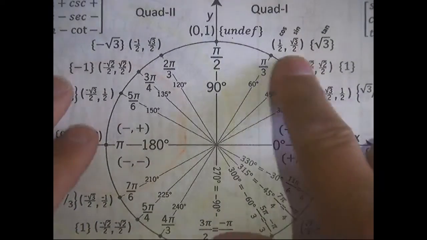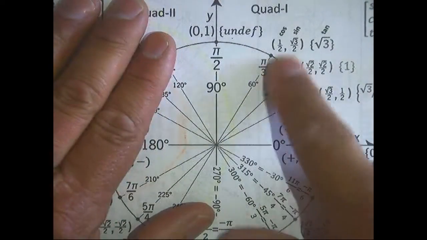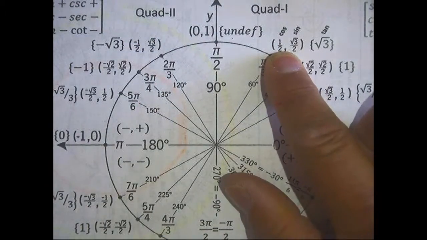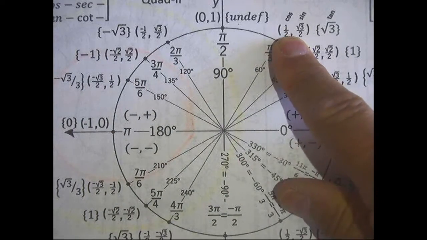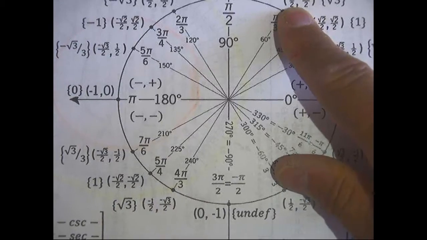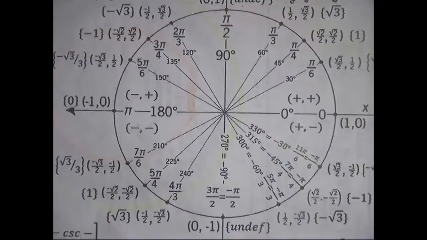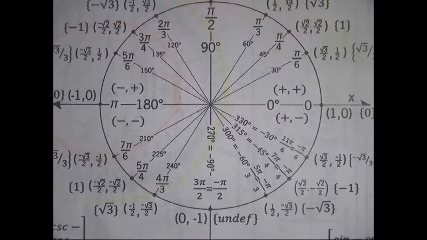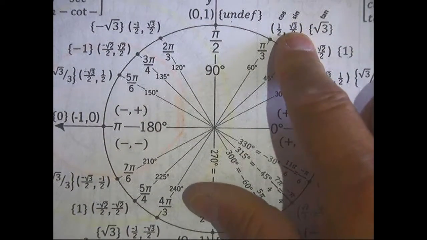So in the very back, you got your unit circle. There's a cosine of 60 degrees, 1/2. When do you get another cosine that's 1/2? Let's start with sine.